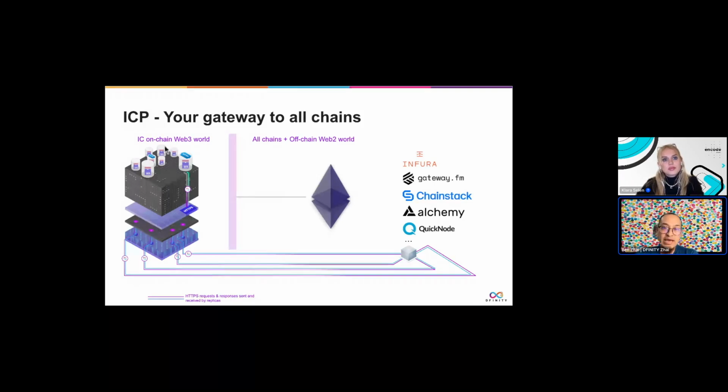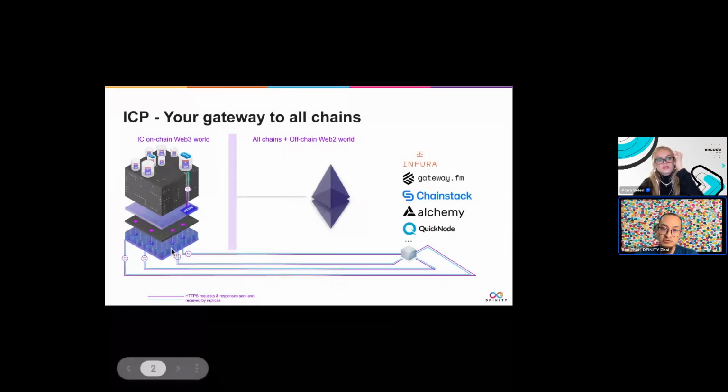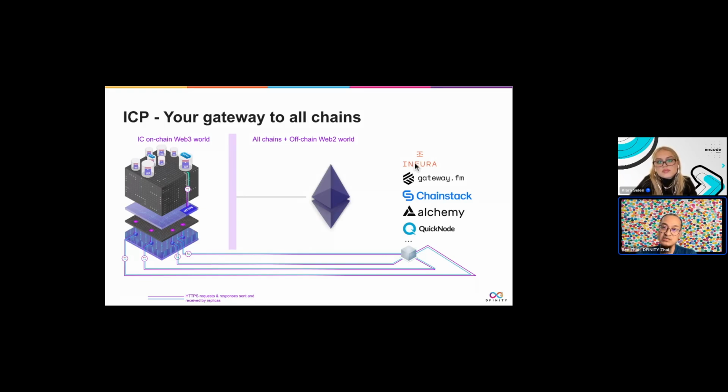So from any on-chain canister, this is the Web3 world in the ICP, you can use HTTPS outcalls to call any Web2 service, but also you can call RPC services from Infura, Alchemy, QuickNode. So to any RPC of any EVM chain. And this would allow you to read and write contract data, so interact with other chains. And that offers very exciting and unique opportunities.